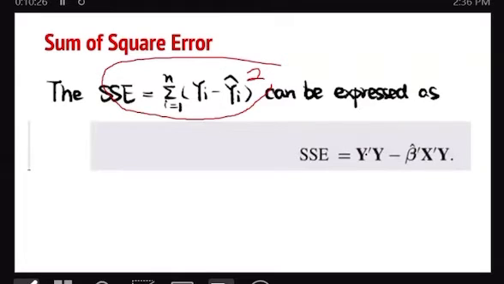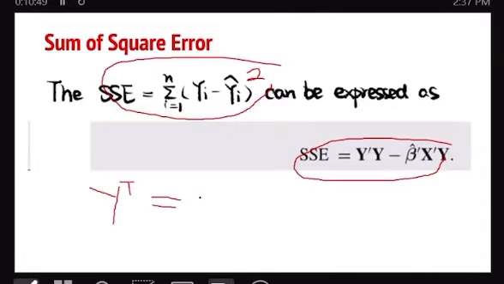Now, generally speaking, this is a matrix form representation of that guy. Which means if I wanted to find the sum of square error, at times I use the transpose. If I write this, I can also do this.